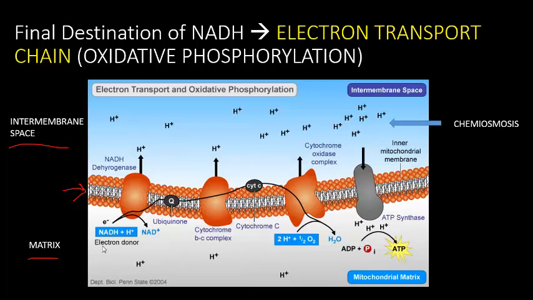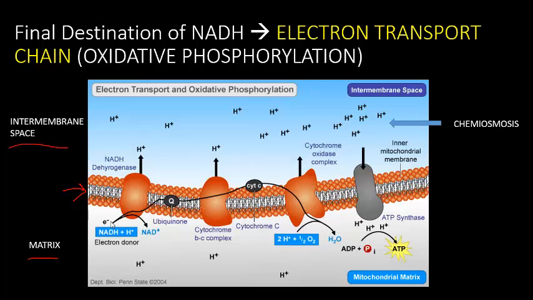The NADHs are going to travel to the electron transport chain. The electron transport chain is made up of a series of proteins embedded in the inner membrane. At the electron transport chain, NADH is going to be oxidized. It's going to lose its electrons, and it's going to lose its protons, its hydrogen ions.